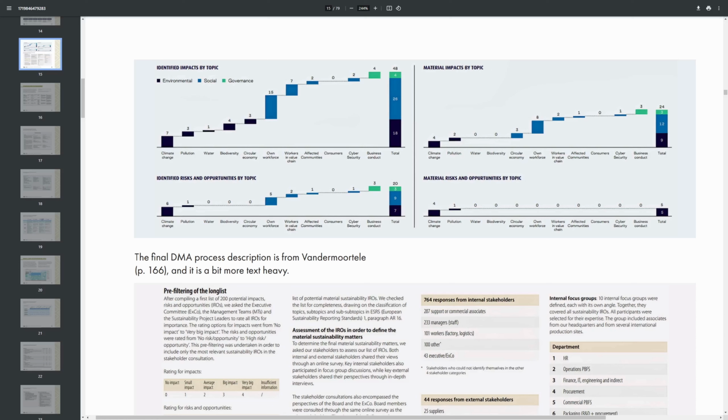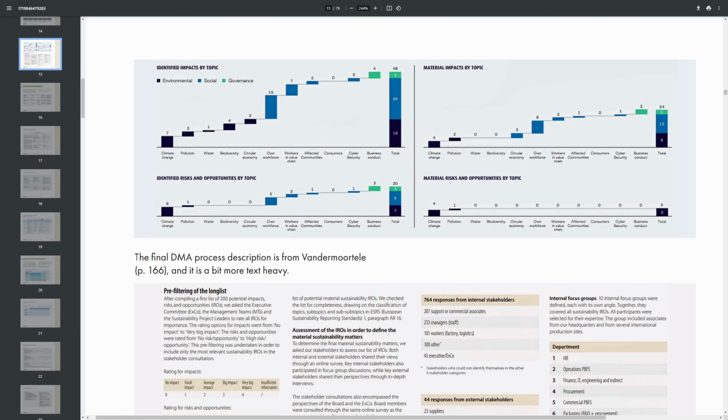The other thing I really like is showing the counts of IROs per topic. Why is that important? It feels like it doesn't show severity, which it doesn't, but it does show completeness because they're showing on the left-hand side all of the IROs they identified. So it tells us they had an identification process and they had a fairly large number of IROs that were identified, particularly impacts.